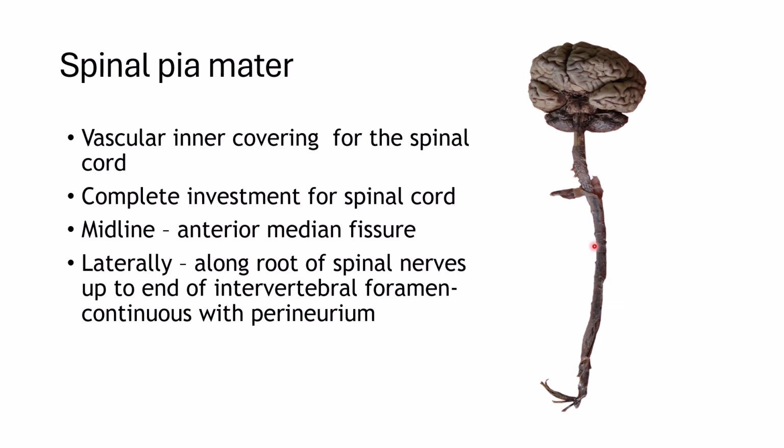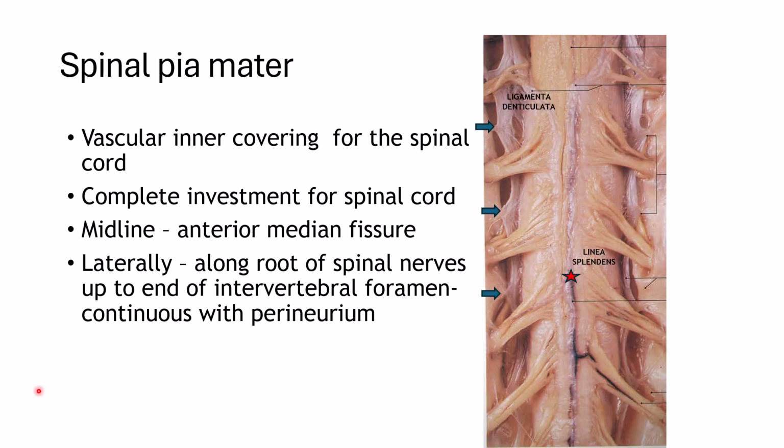It is the vascular inner covering for the spinal cord, which closely and completely invests it. In this specimen of the spinal cord from the ventral or anterior aspect, you can see the cut edge of the membrane, that is the pia mater.